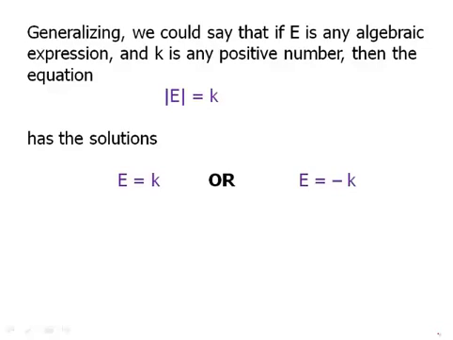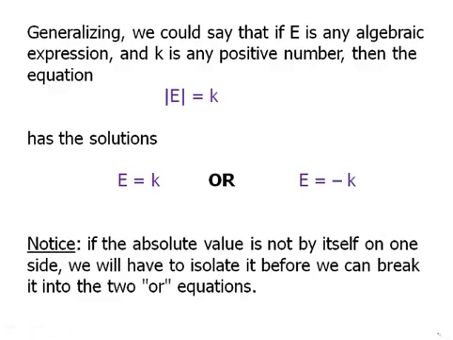The idea is that we could put any expression inside the absolute values, and then whatever that absolute value equals, the expression itself would equal the positive or negative of that same value. Notice, if the absolute value is not by itself on one side, we will have to isolate it before we can break it into the two or equations.